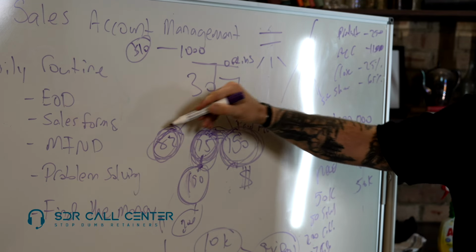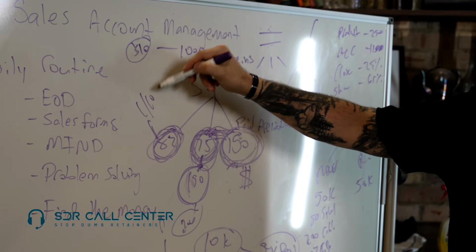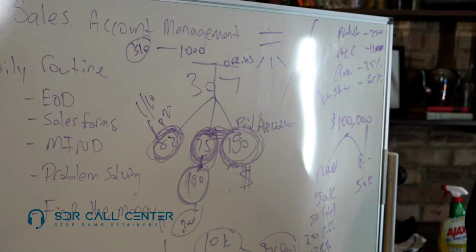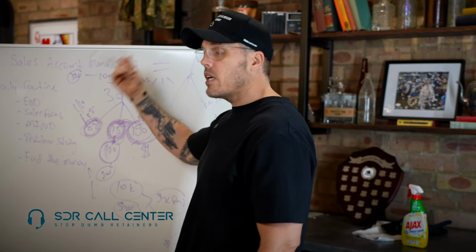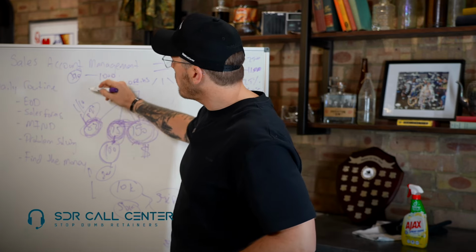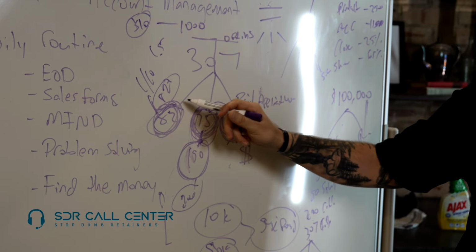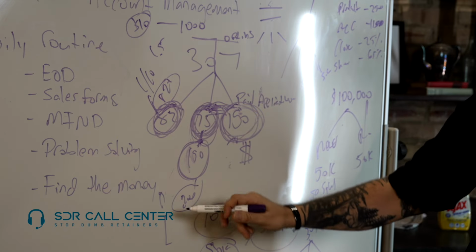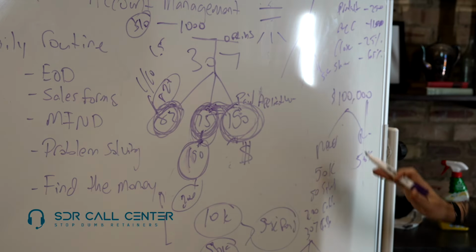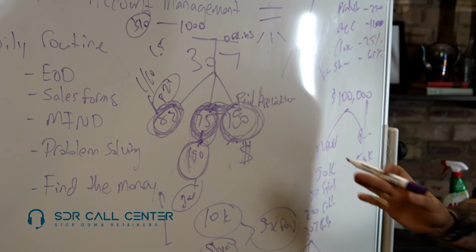So that we can get this, maybe that's 1 in 10, which means we're going to need 820 of those people, and we're going to need a dialer. To have 820 leads, that's probably 1.5 SDRs, I would say. I know this is weird, but I need 1.5 SDRs.